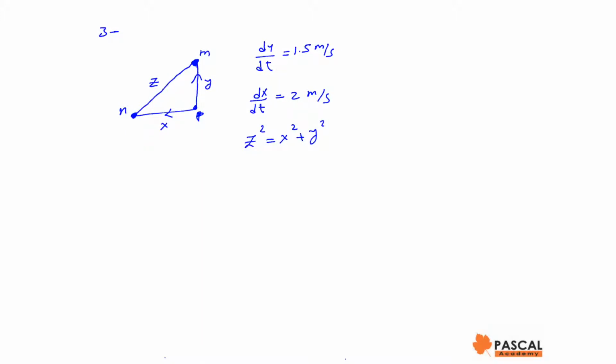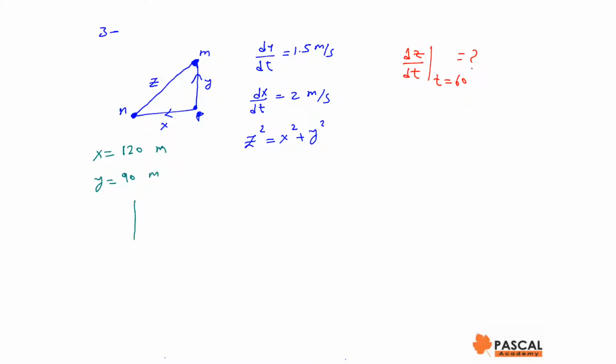We are looking for the rate of change of the distance between them, dz/dt, when t is 60 seconds. We know after 60 seconds, x is 60 times 2, which is 120 meters, and y is 90 meters.